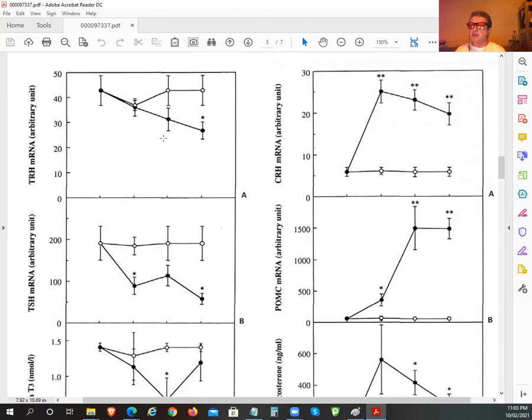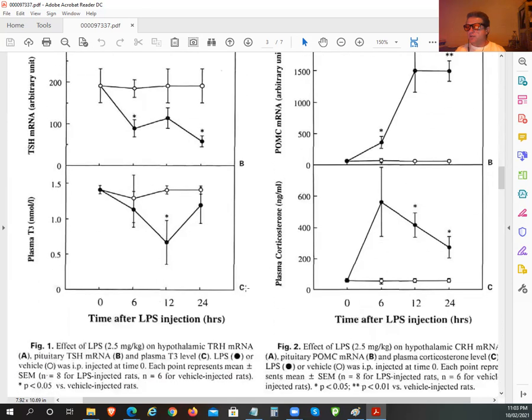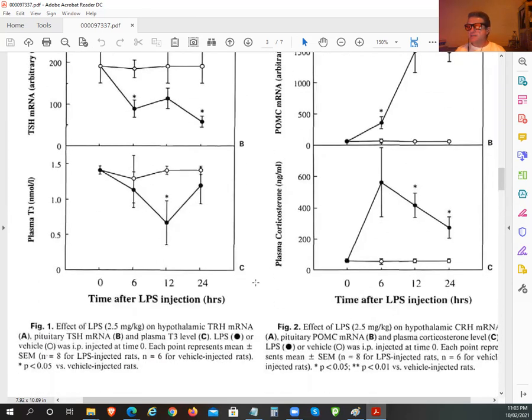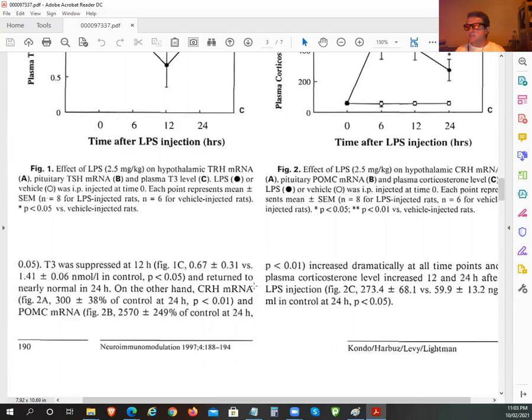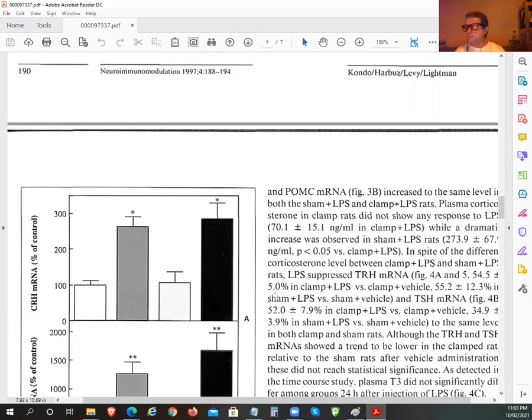So hypothalamic TRH drops, pituitary TSH drops as well. So the body may respond, but LPS is doing its damage.